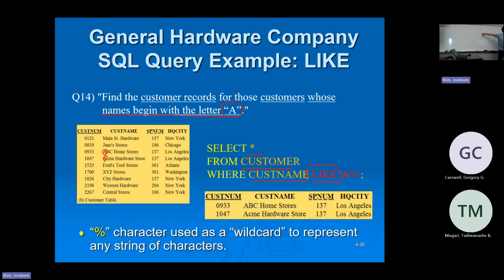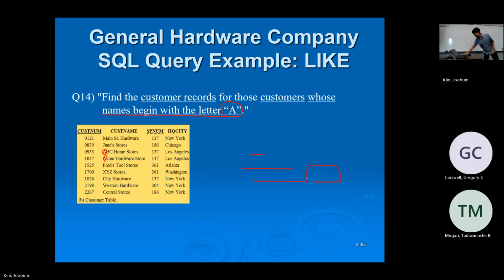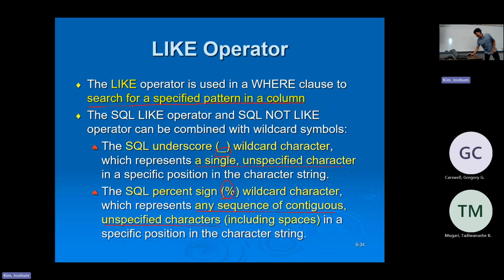What is that? The first letter should be uppercase A. And the percentage character means any sequence of contiguous unspecified characters. So A, whatever the others. Only the first character must be uppercase A. A, A, B, C, or A, whatever.